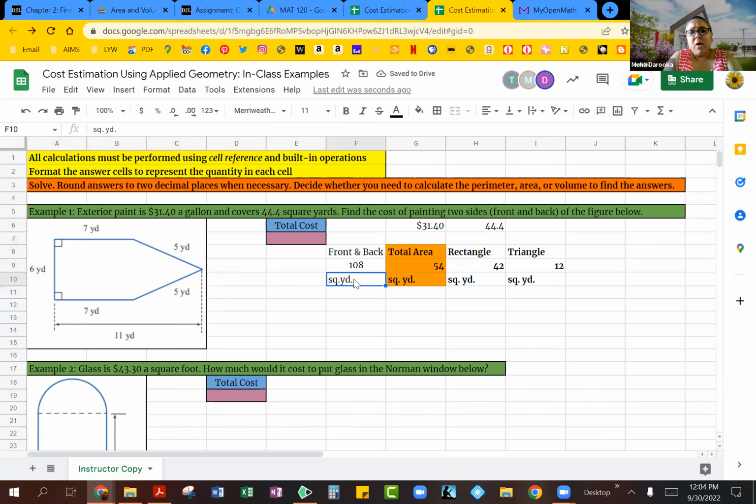If 1 gallon of paint will cover 44.4 square yards, basically how many cans of paint are we going to need? And how do we figure out how many cans of paint we need?